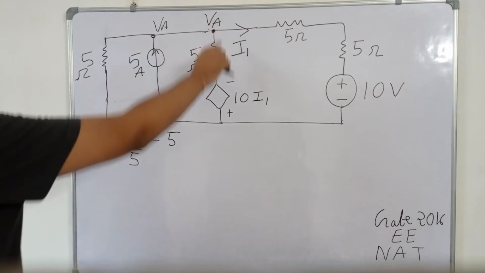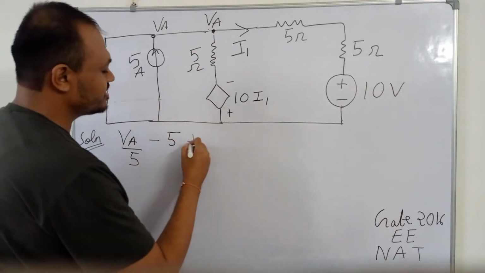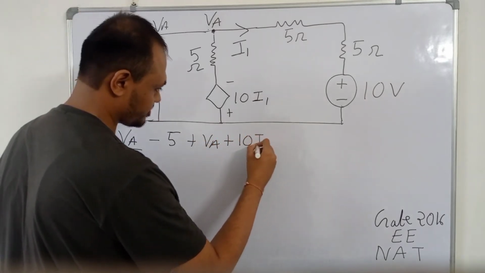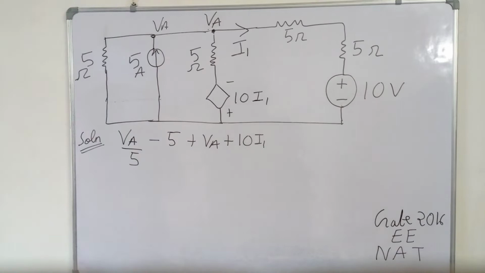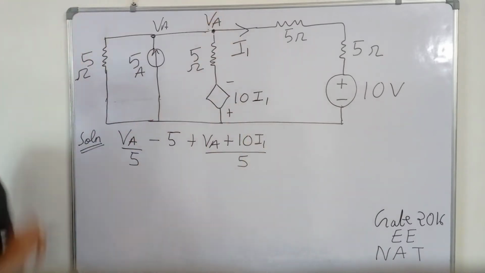Then for this branch, the current is VA plus 10 I1 upon 5.